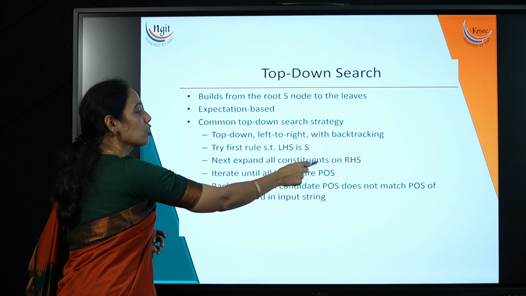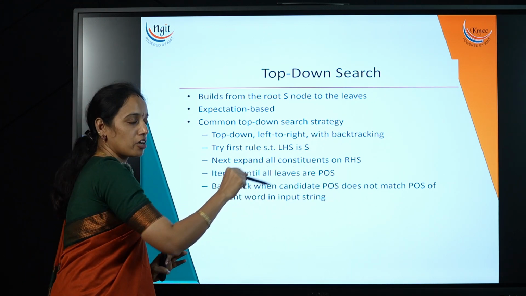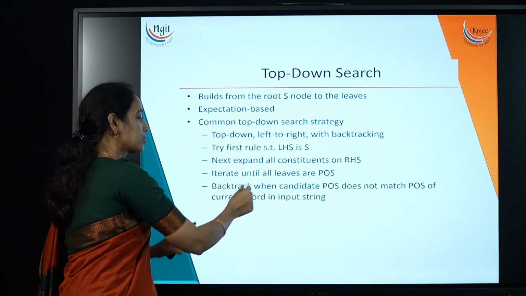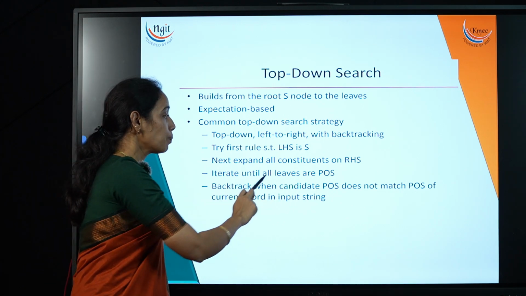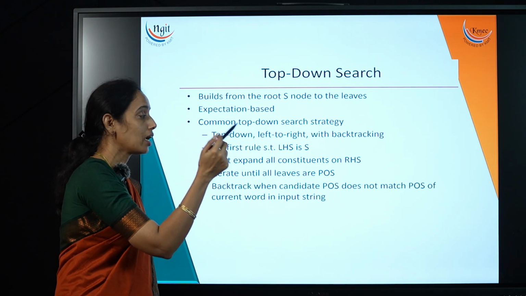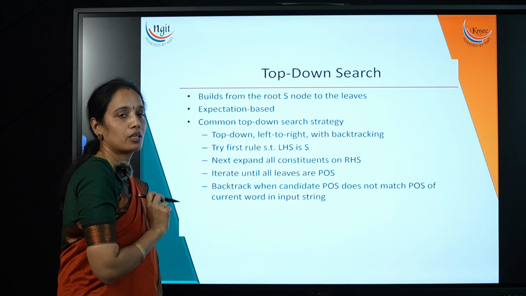Next, expand all constituents on the RHS and iterate until all leaves are parts of speech. And backtrack when the candidate parts of speech do not match the parts of speech of the current word in the input string. So when the parts of speech do not match the current word, again we need to backtrack until the candidate parts of speech match the current parts of speech.